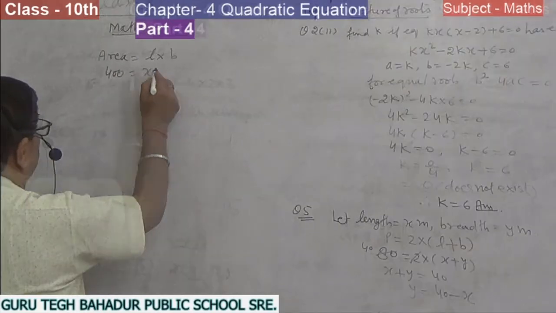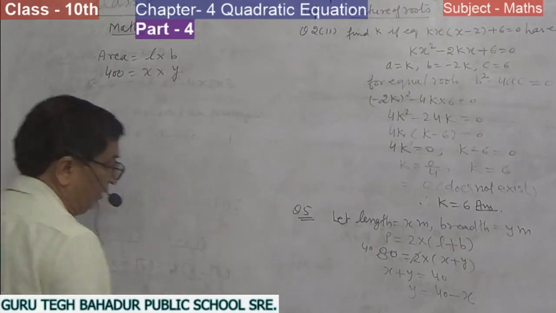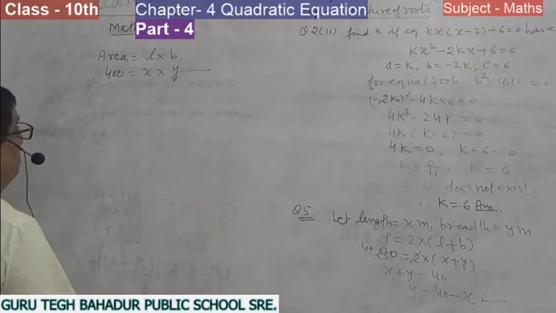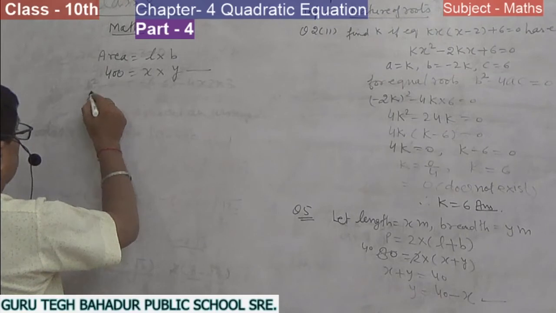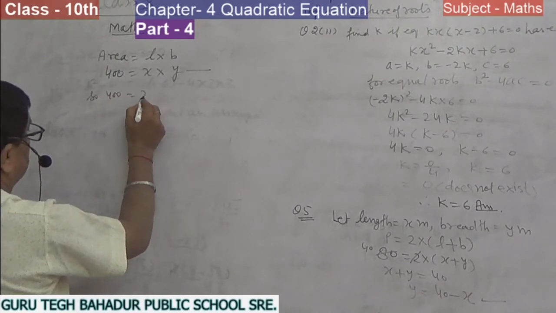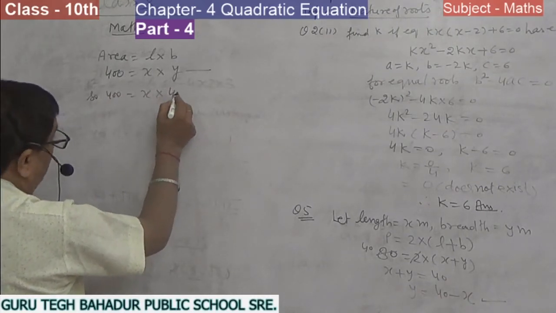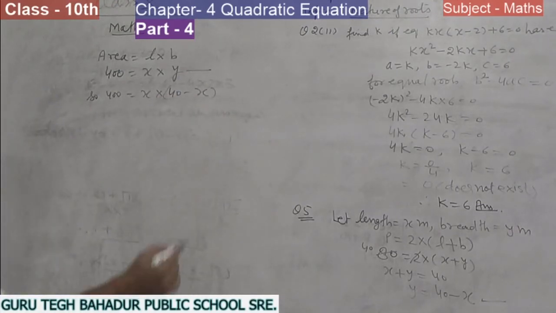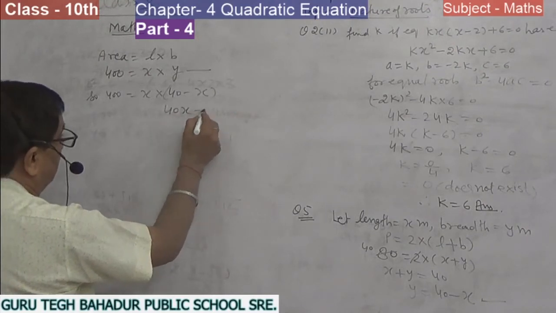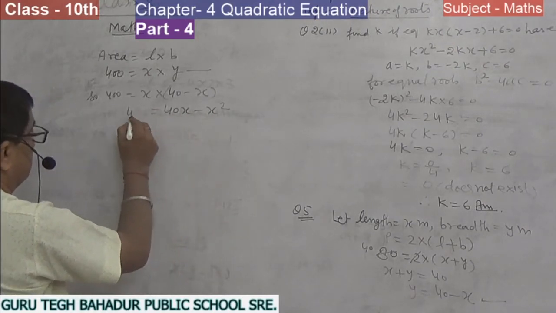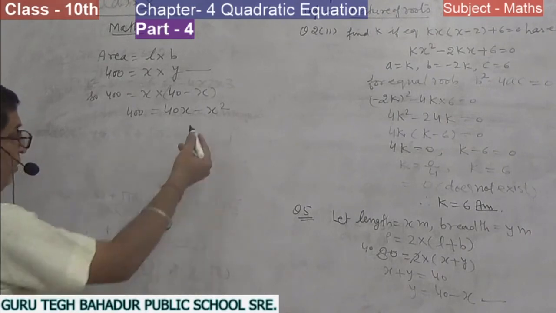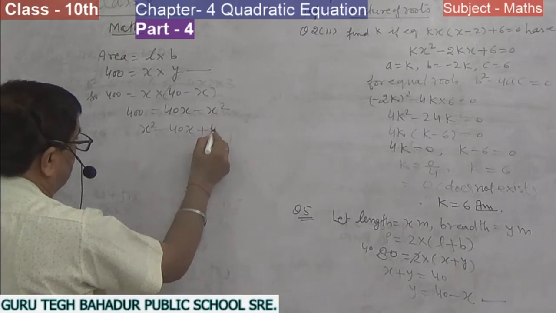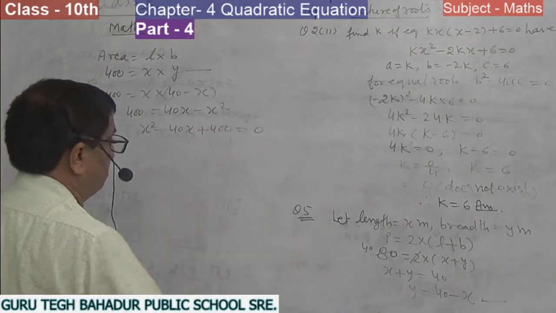Length is x, breadth is y. Putting the value of this y in this equation, 400 is equal to x into 40 minus x. Multiply inside, it will be 40x minus x square is equal to 400. Now take on this side, x square minus 40x plus 400 is equal to 0.